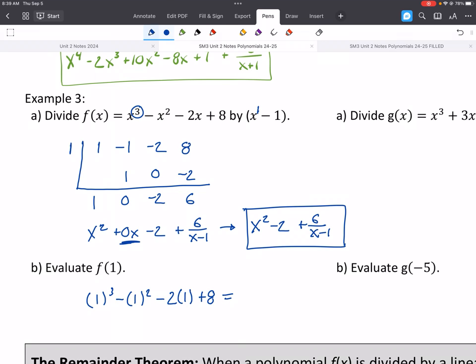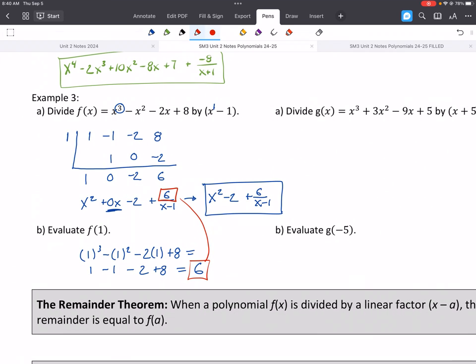You could do this on a calculator, but this is 1 minus 1, which is 0, and then minus 2 plus 8, so that should give us 6. What do you notice about our answer? It is the same as the remainder, and this is the remainder theorem.